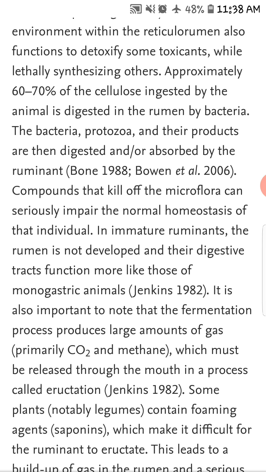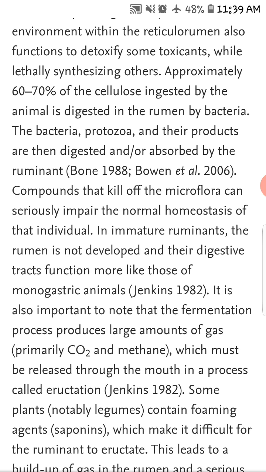Regular involuntary contraction and relaxation waves in the digestive tract towards the mouth are known as eructation. It helps in the expulsion of CO2 and methane gas.